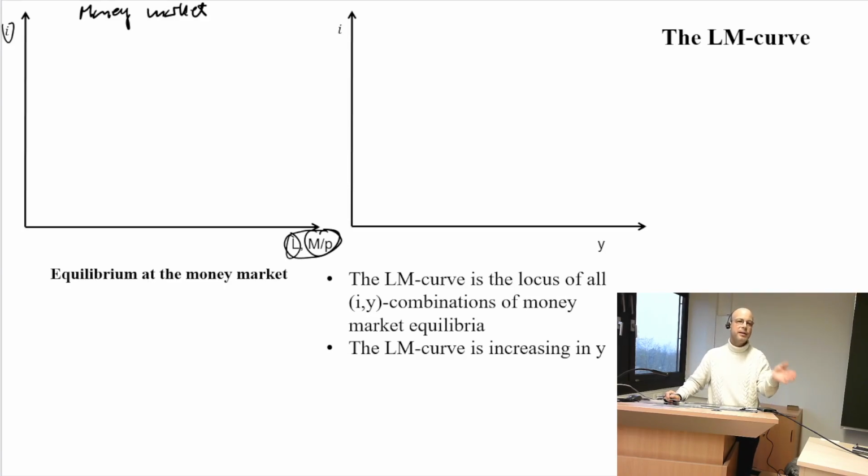If M over P is just a fixed number, let's say M1 in the Eurozone was roughly almost 10 trillion euros, how does a fixed number look in this diagram?